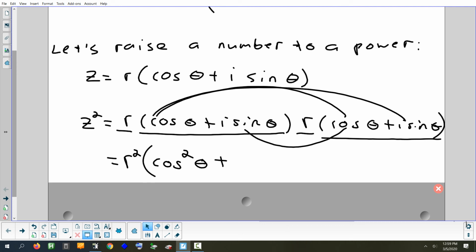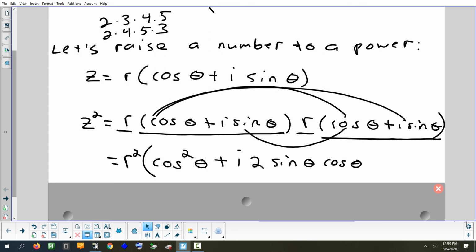It's 2 of the cosine I sines. You can write that all in any order you want. It's like saying 2 times 3 times 4 times 5, or 2 times 4 times 5 times 3. So we're going to write it like this. I, 2, sine, cosine. That's 2 of the cosine I sines.